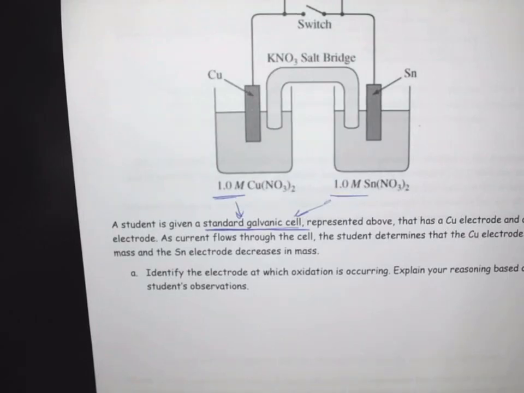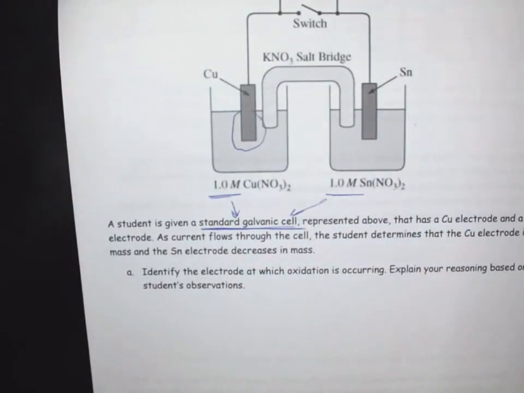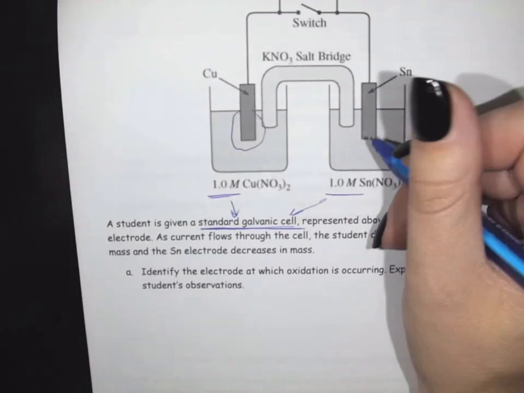Identify the electrode at which the oxidation is occurring. As current flows through the cell, the student determines that the copper electrode increases in mass, and the tin electrode decreases.